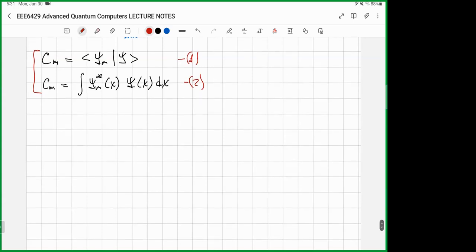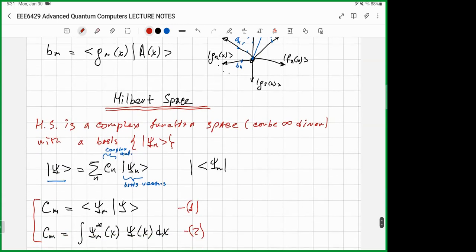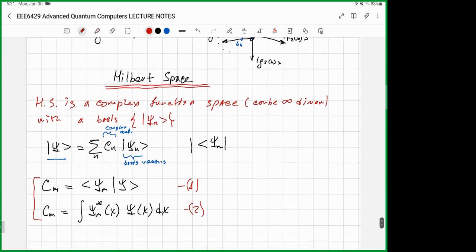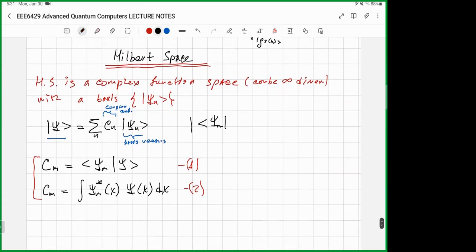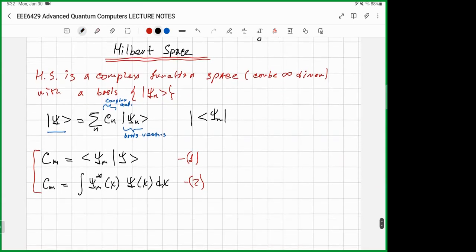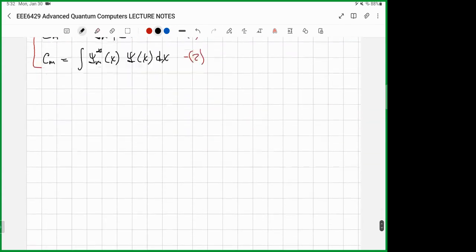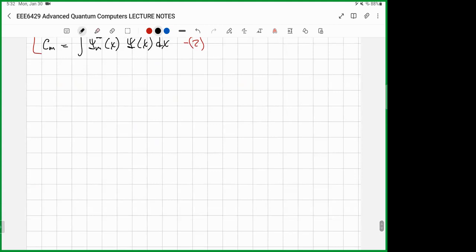So as I said, the Hilbert space can be of infinite dimensions, but of course it's not convenient to work with a space like this. And for our quantum applications, like quantum information applications, we usually truncate this space to a two-dimensional Hilbert space. So let's talk about 2D Hilbert space. At this point, we can say that this is actually the qubit.